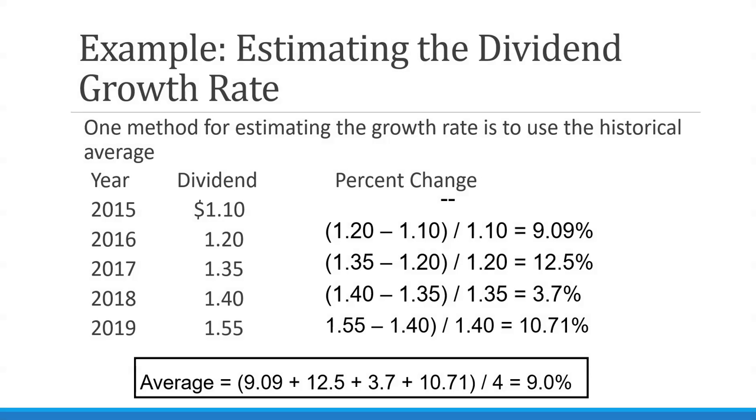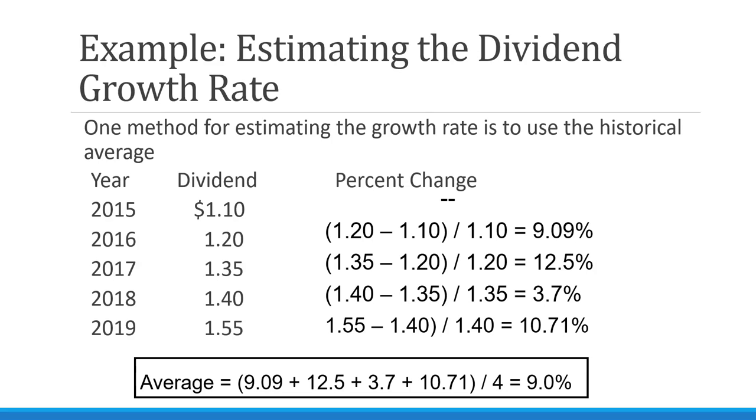What happens if we don't have the growth rate and we just have information about the dividend that a company has paid over the last couple of years? In that case, we need to use their historic information to calculate a dividend growth rate.